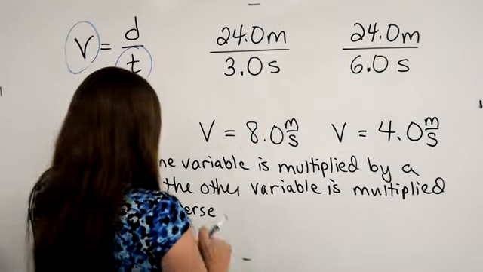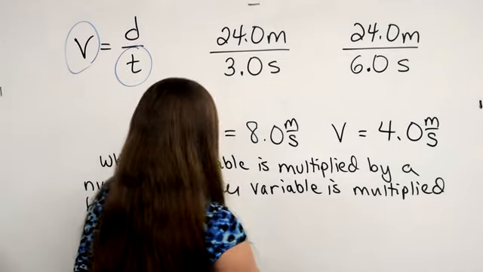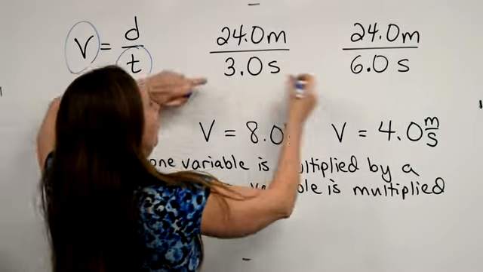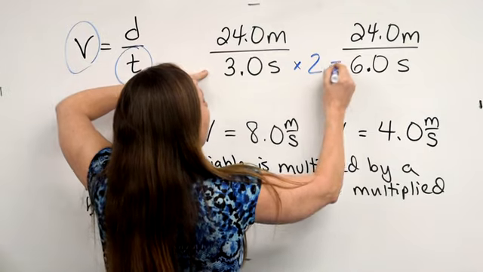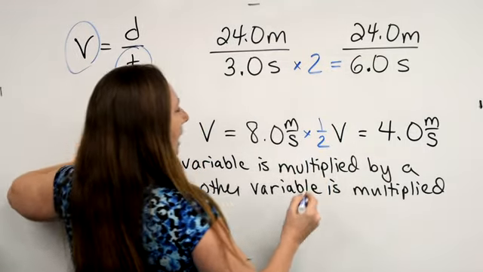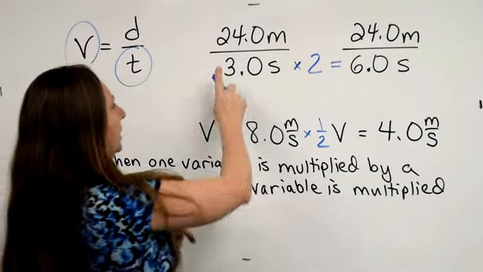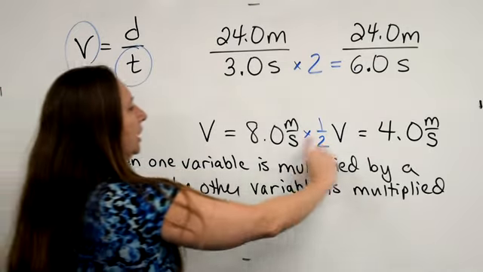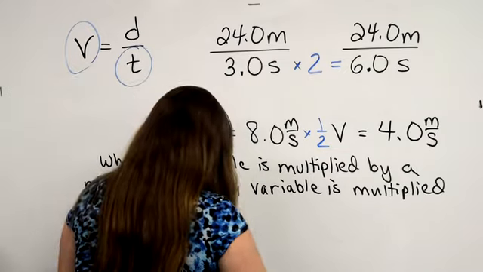So the time, watch this, the time was multiplied by 2, so the velocity was multiplied by 1/2. This doubled, this halved.